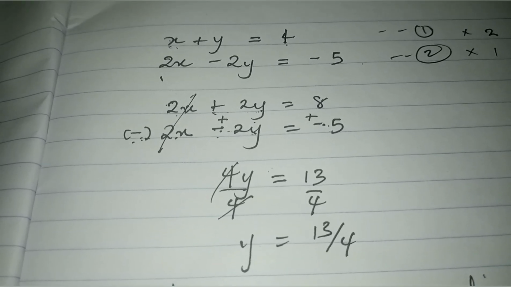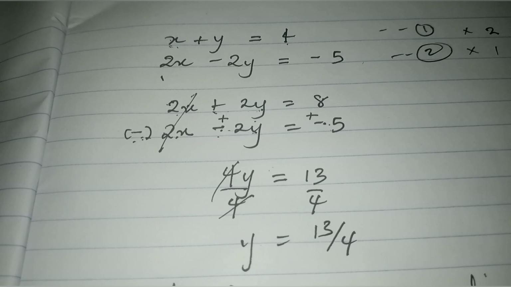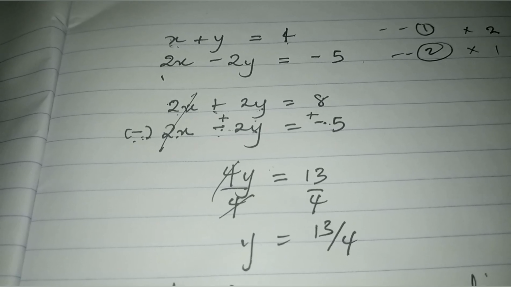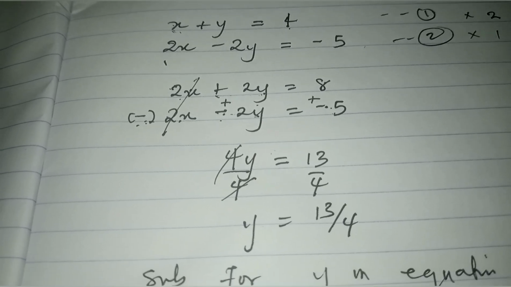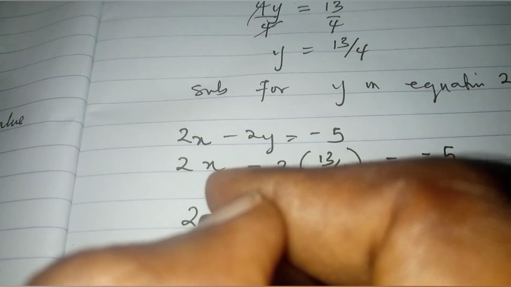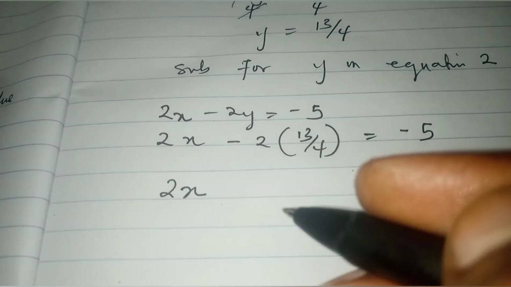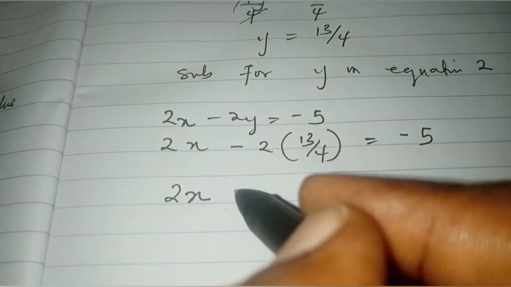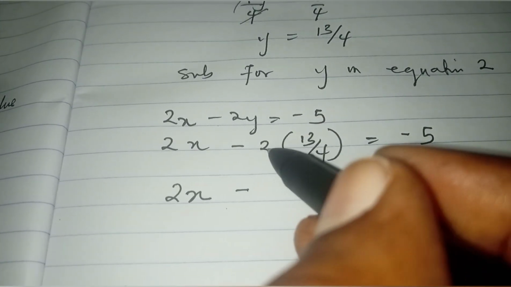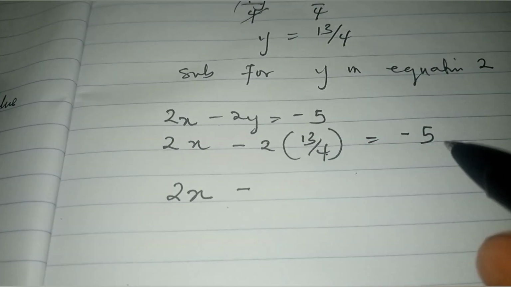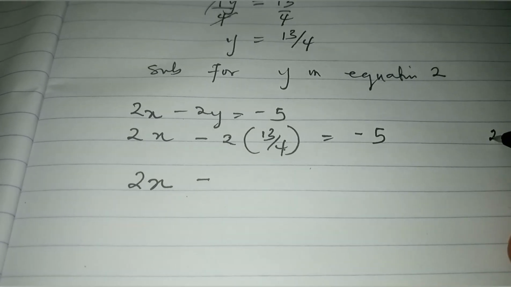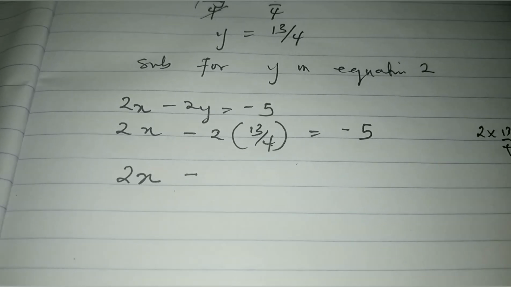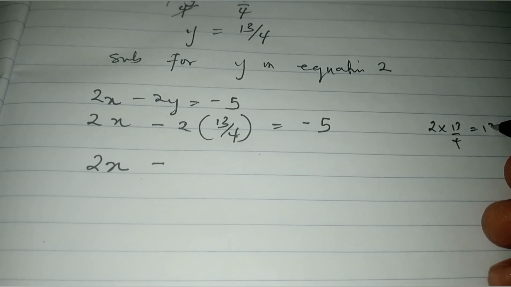We have 2x minus 2 into 13 over 4 equals minus 5. Now 2 times 13 over 4 is 13 over 2.